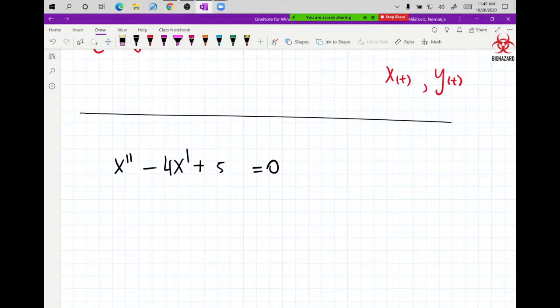Not y, x, they're all x's. There we go. So you can write the characteristic equation with those r's, and then you can factor, and you can come up with those r's, and then write the solution with ease. And if it's complex, you write the sine and cosine, and so on. So you know how to solve this.